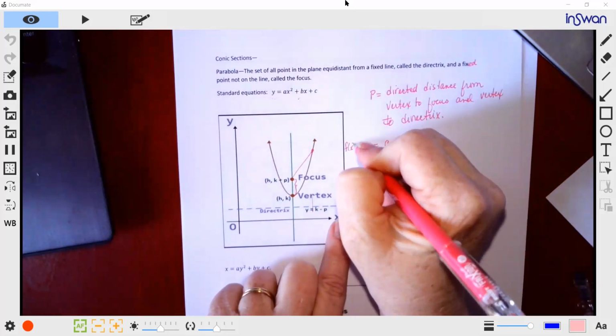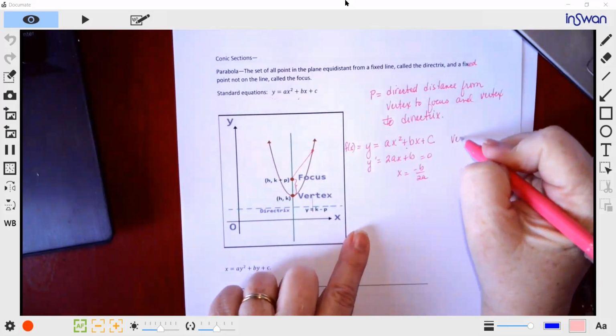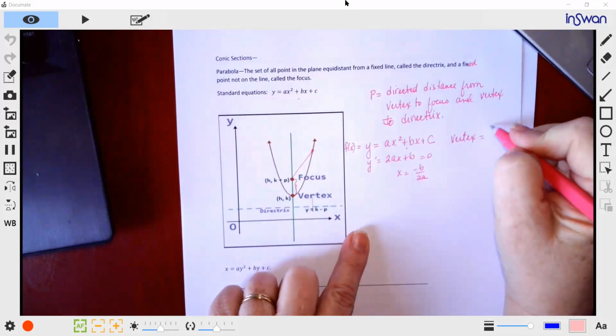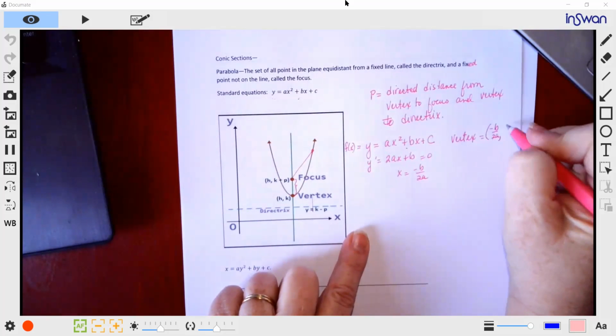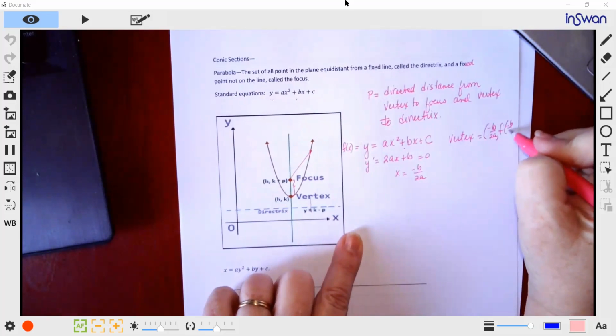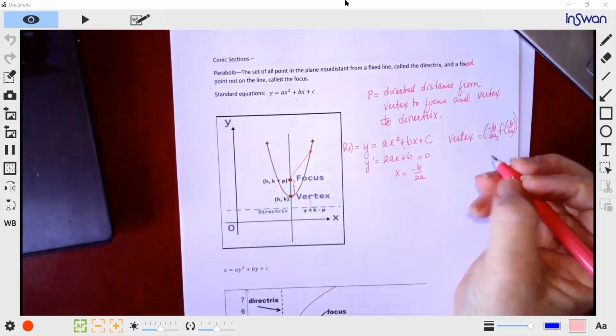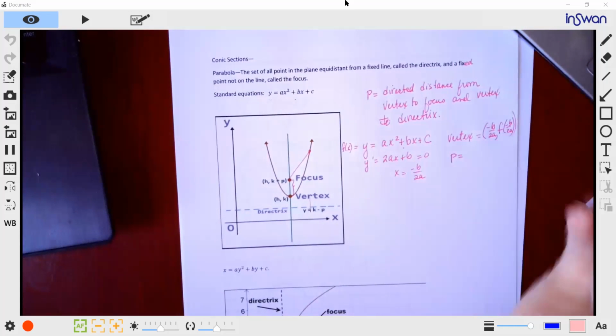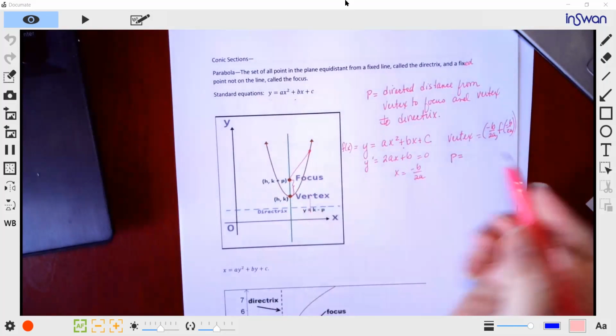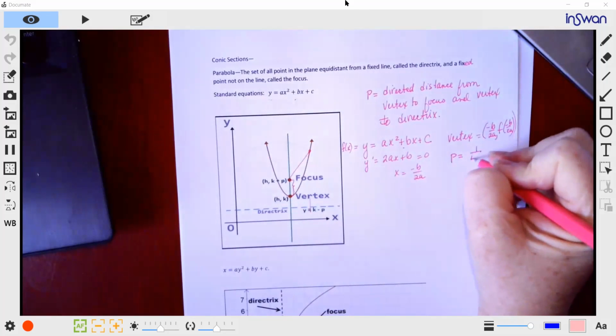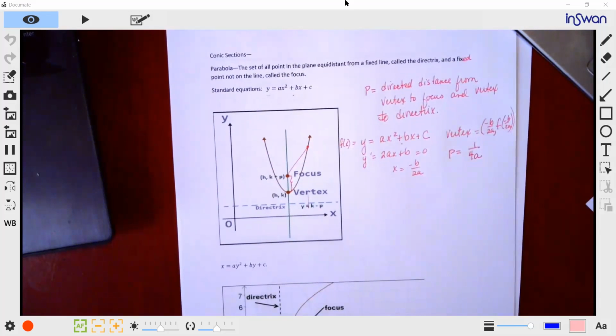So if this is f of x, then your vertex will be the point (negative b over 2a, f of negative b over 2a). Okay. Now, I think they do this on page 790 or 791, I can't remember, but somewhere in there, we can also show that the distance p between vertex and focus, or vertex and directrix, is 1 over 4a.